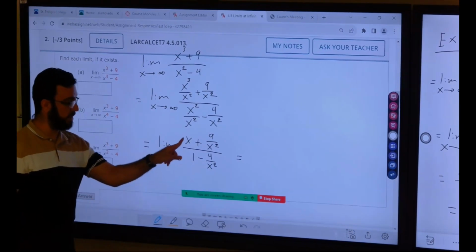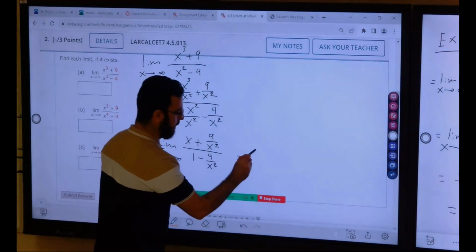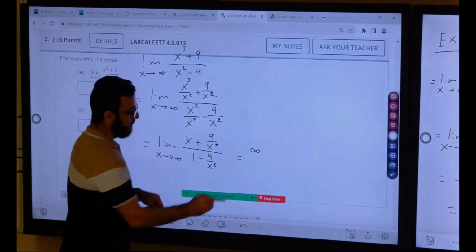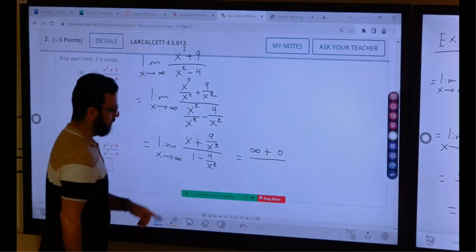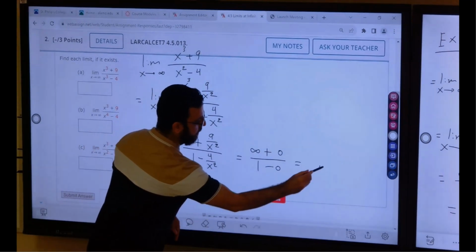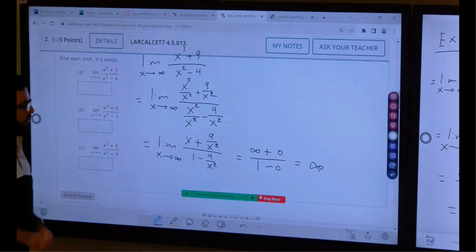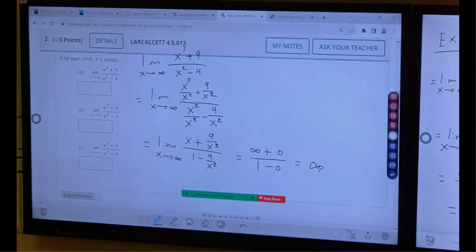What's the limit for x? Infinity. So here is infinity, plus this one is going to be 0. Here is 1 minus 0. So the limit is going to be infinity. That is okay. Go to the next one.